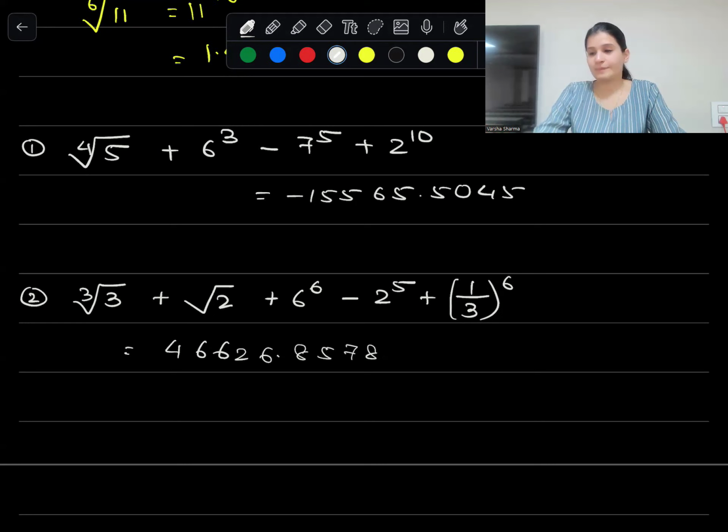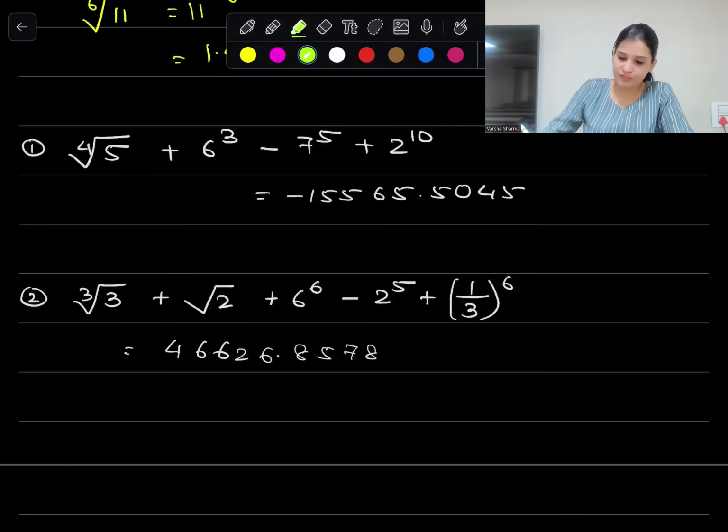Okay. Let's find out cube root 3 first. First, find out cube root 3.